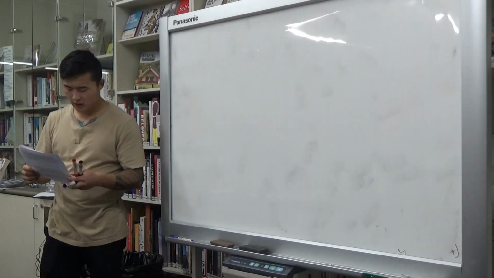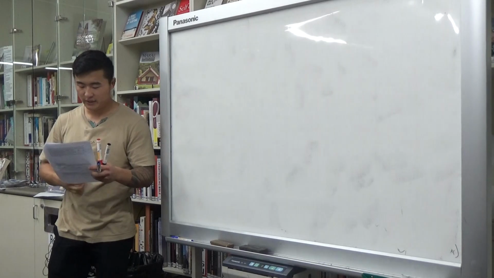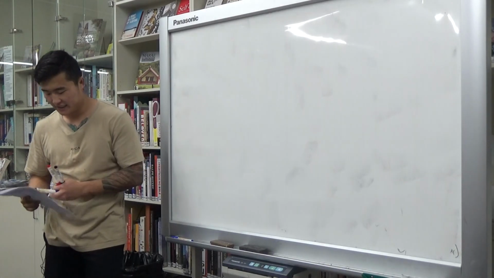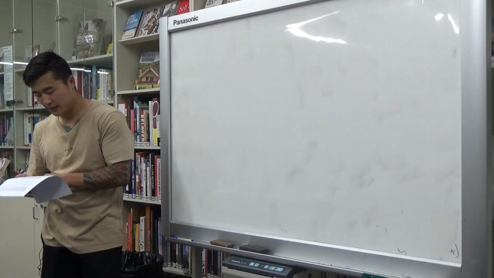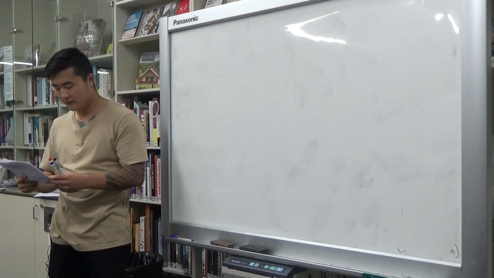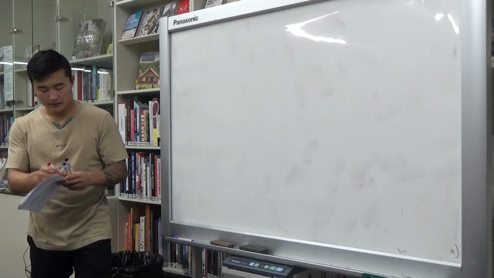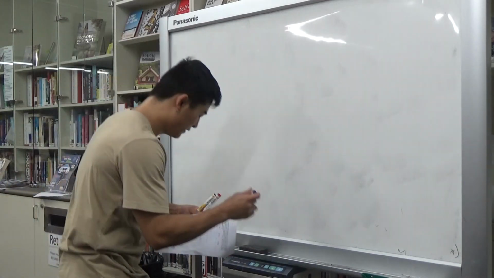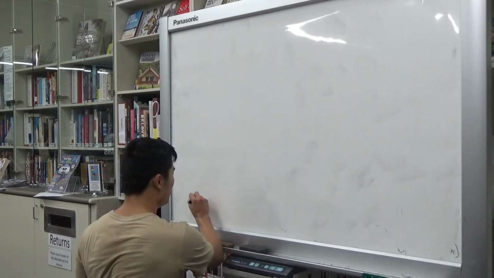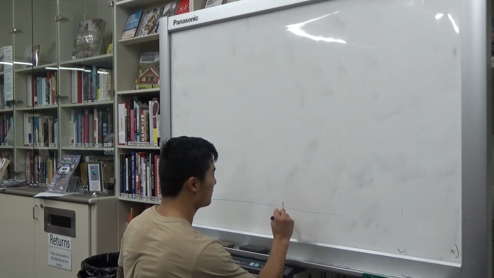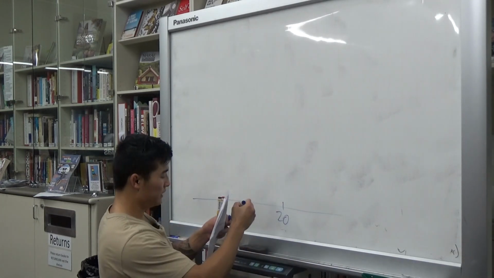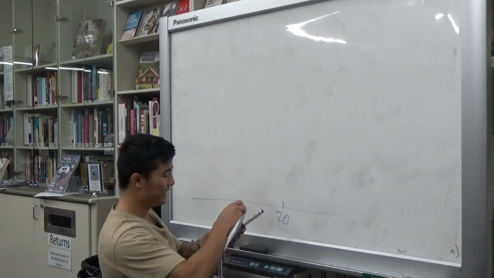And then number 4, a room contains air and water vapor at a dry bulb temperature of 20 degrees Celsius and a wet bulb temp of 18 degrees Celsius. What's the dew point temperature in the room? So you're going to find 20 dry bulb, and you're going to find 18 wet bulb.